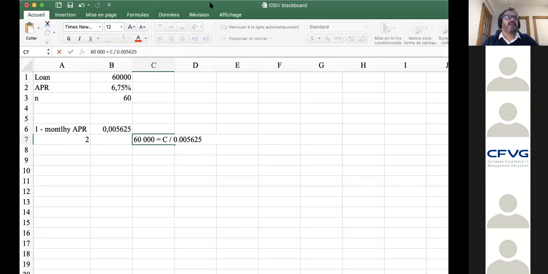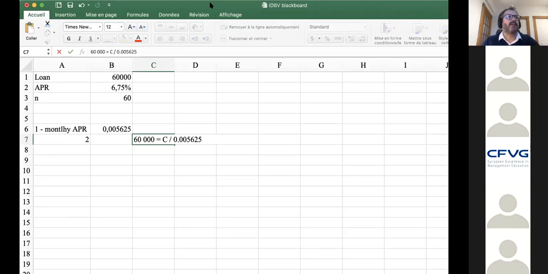It's just for everyone to have access to the information. C times 0.05625 to the power of 60. That should be okay. And so C is 590.5.